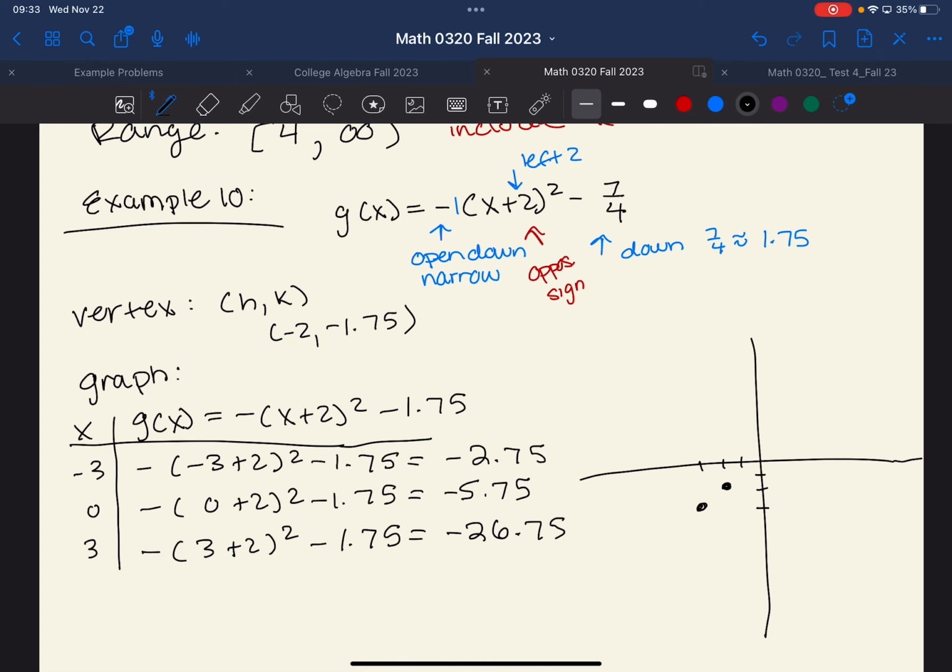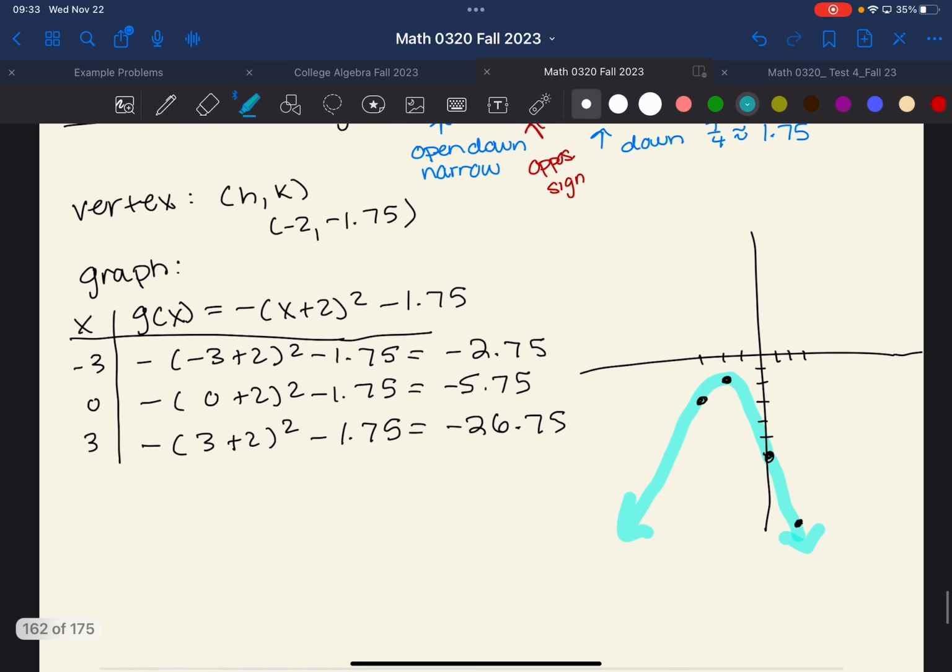I have 0, negative 5.75. And then I have 3, negative 26.75, so down here somewhere. Okay. Remember, my vertex is what tells me where my turning point is. So that means my graph is going to look something like this.